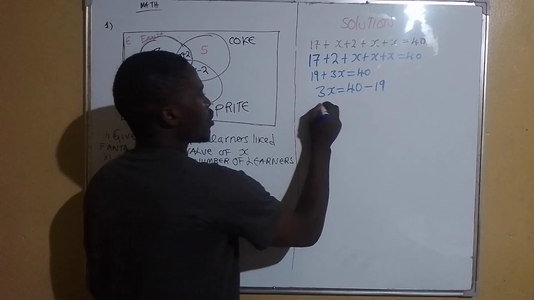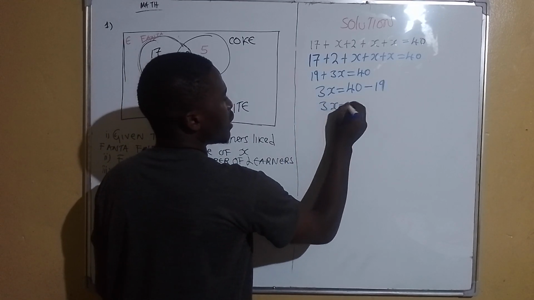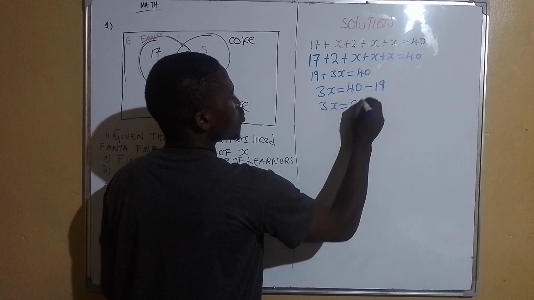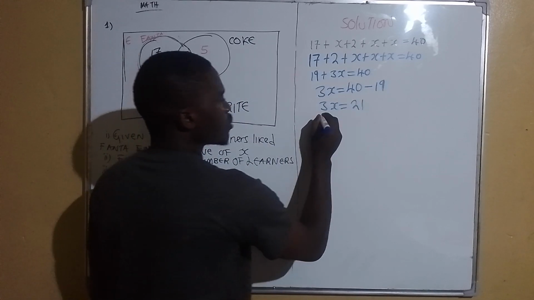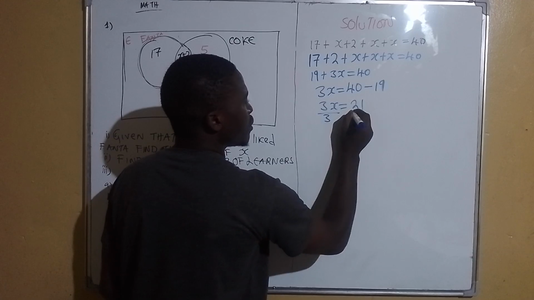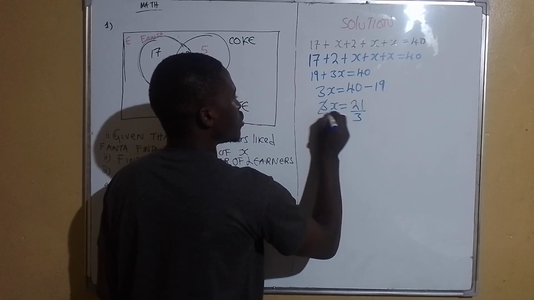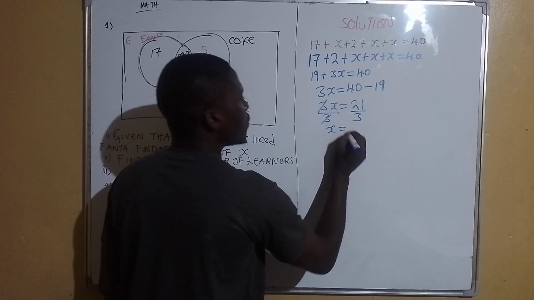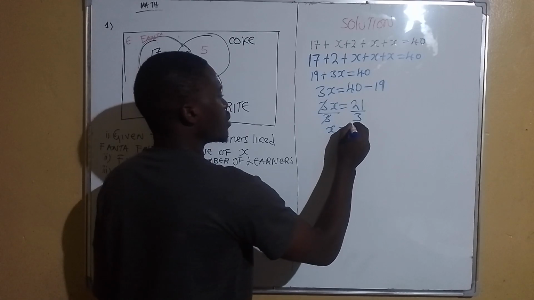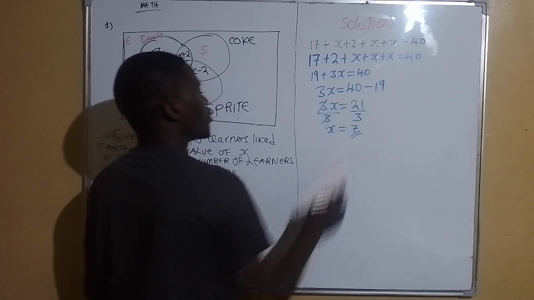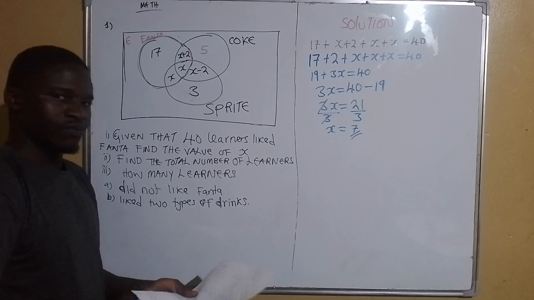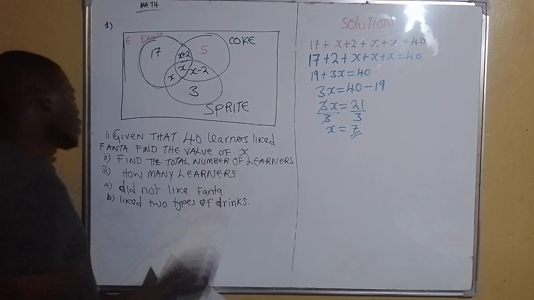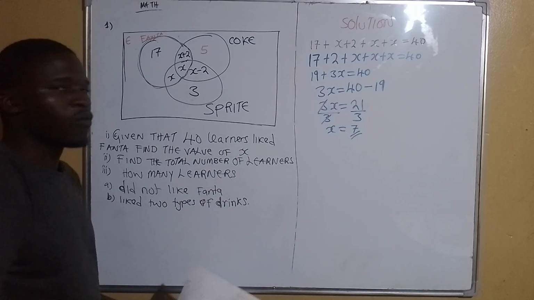So subtract, you are going to have 3X equal to 21. 40 minus 19 is 21. So divide both sides by 3, so that you remain with X on this side being equal to 21 divided by 3, which is 7. So the value of X in this case is 7. So we found the value of X.